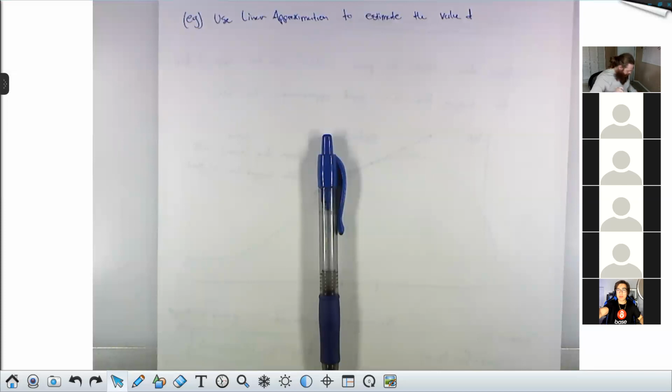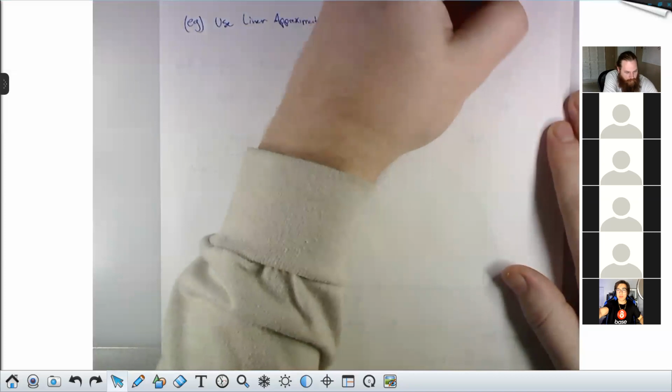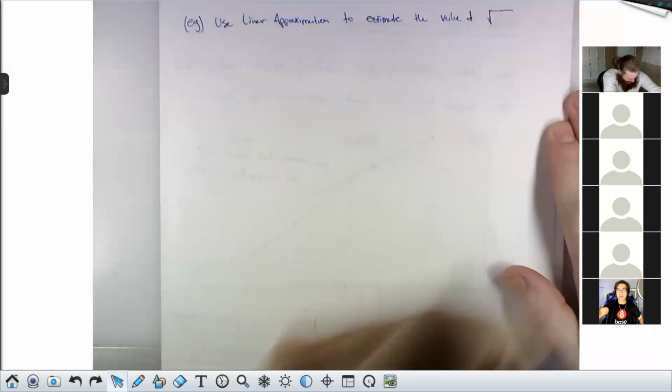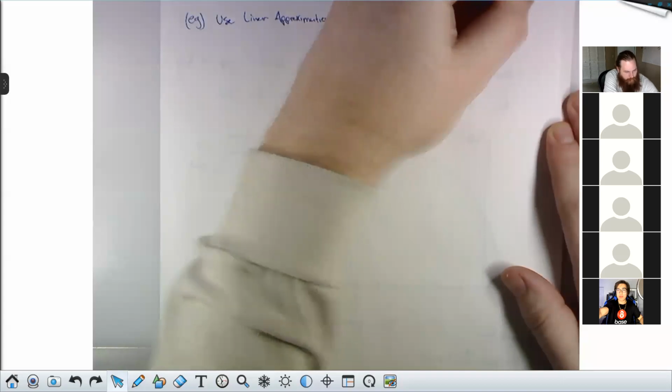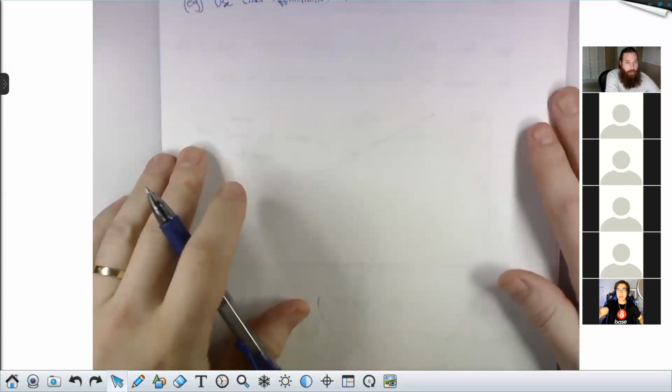Linearization of this, a equals 1, we need to approximate the square root of 4.05. Okay.